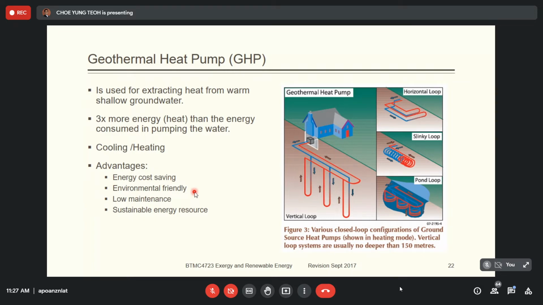You do not produce any carbon dioxide, and this system has low maintenance and is a sustainable energy resource. A very simple mechanism, and it can give you very good heating resources. In Malaysia, I think we can definitely do cooling.